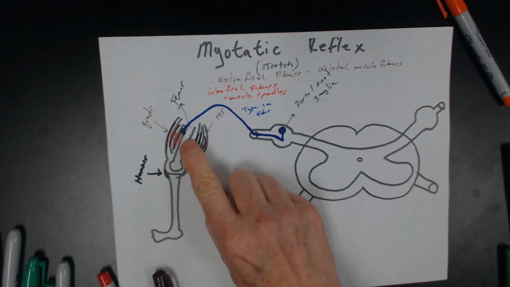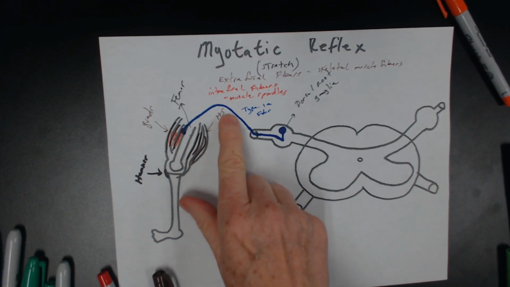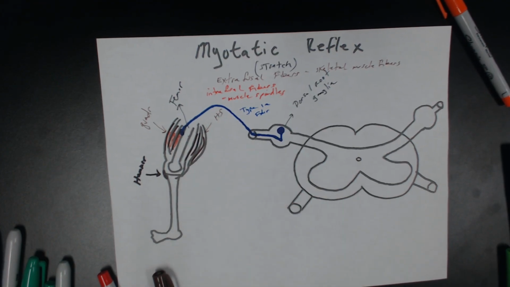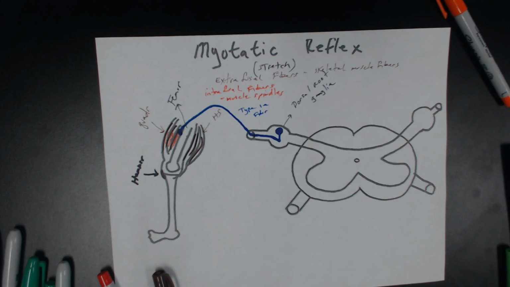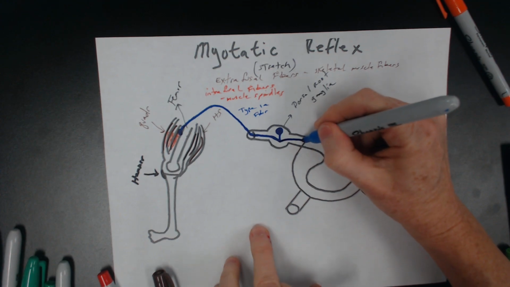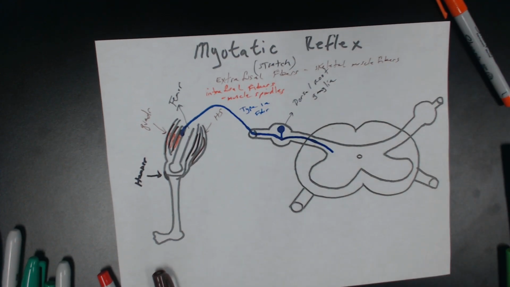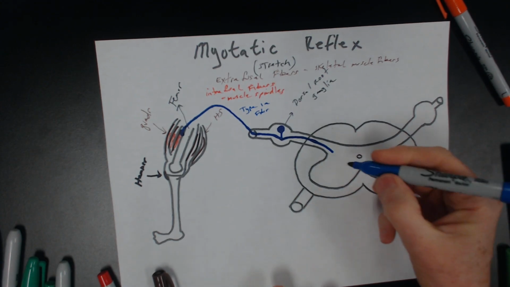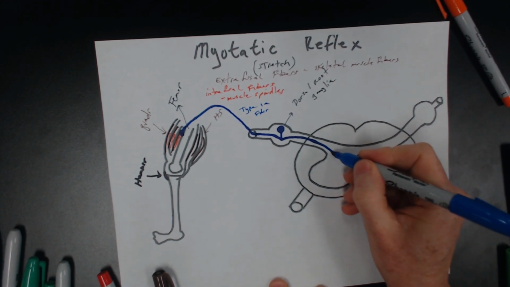Okay? That information is transmitted through type 1A fibers all the way back to your spinal cord at the level of the dorsal, so through the dorsal root ganglia, the first order neuron is, and then it comes back, and then it's going to come in here through the dorsal gray horn, and at that point it's going to bifurcate.